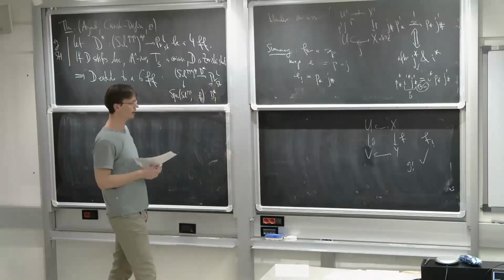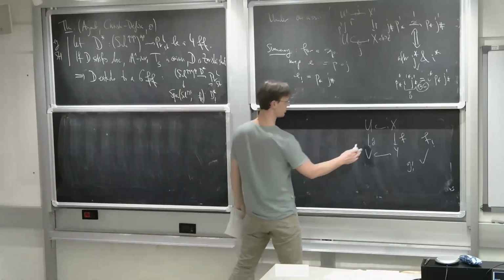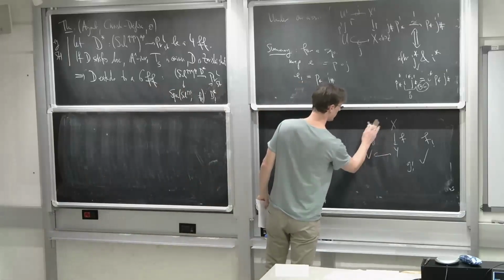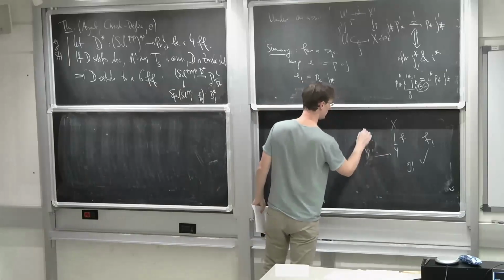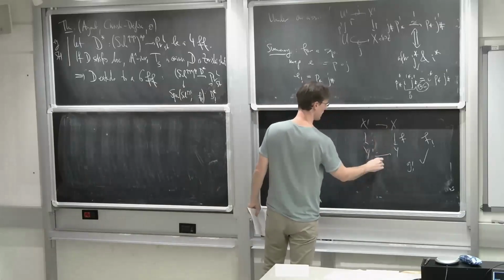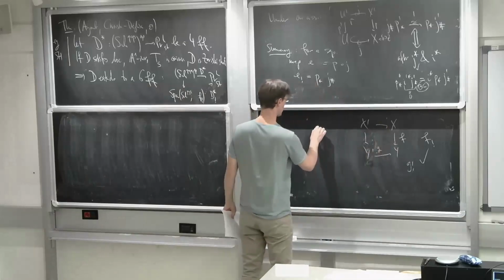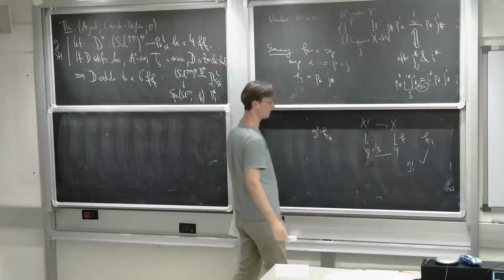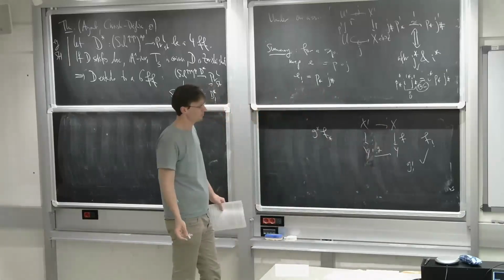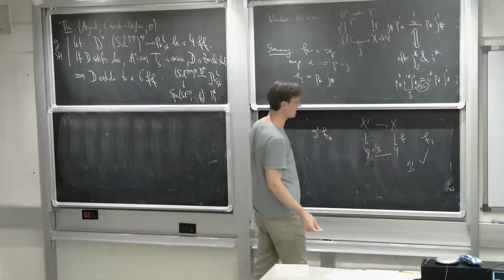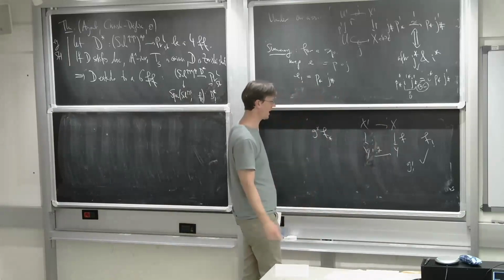But whenever you come across such a situation where you have, let's say, some f which is not proper, and you want to say, is it true that I can compute j upper star past f lower star? It's not clear. The machine just stays silent.